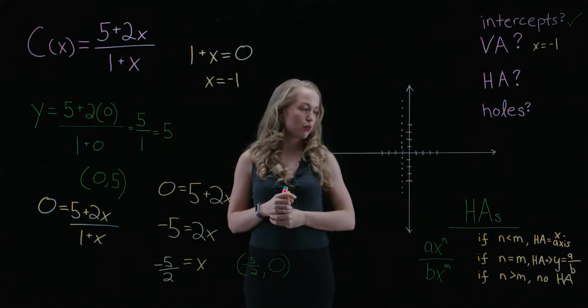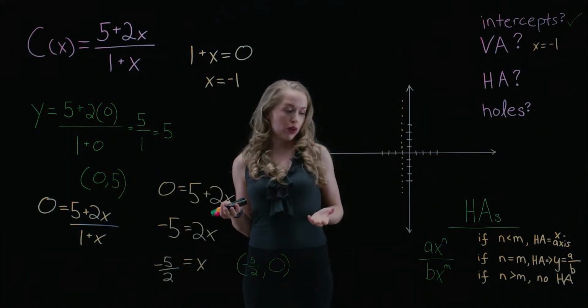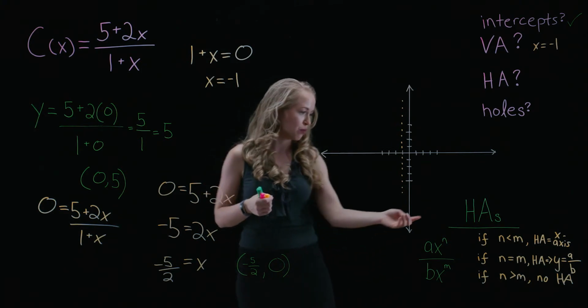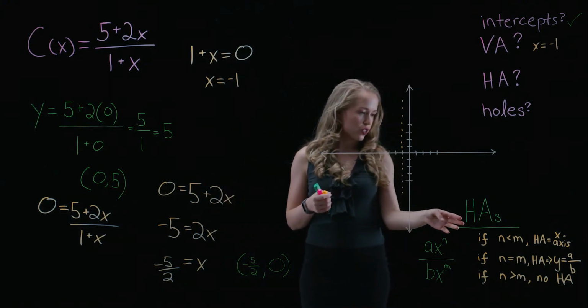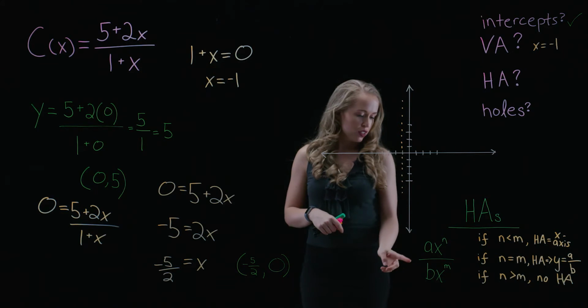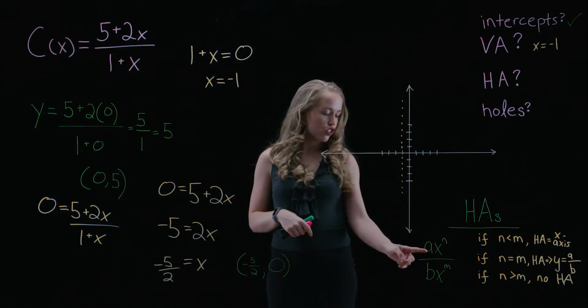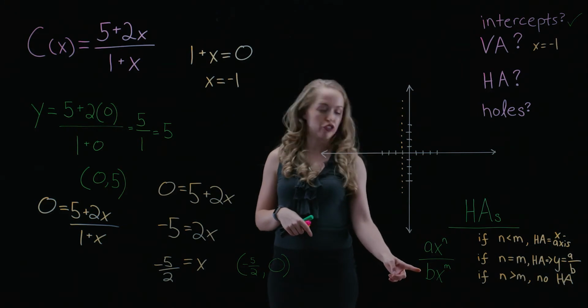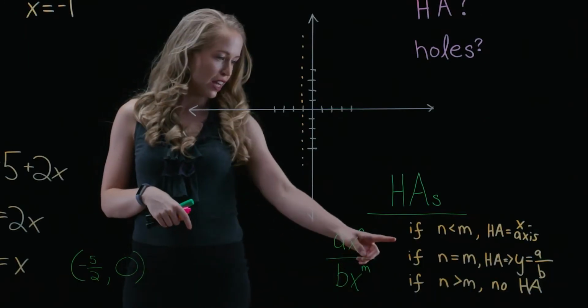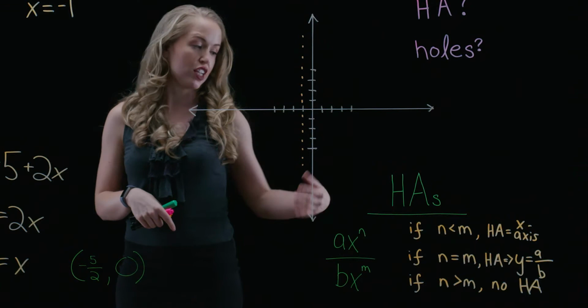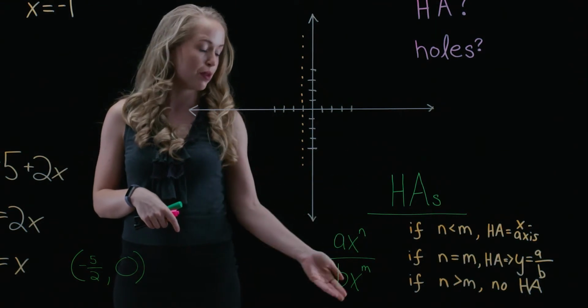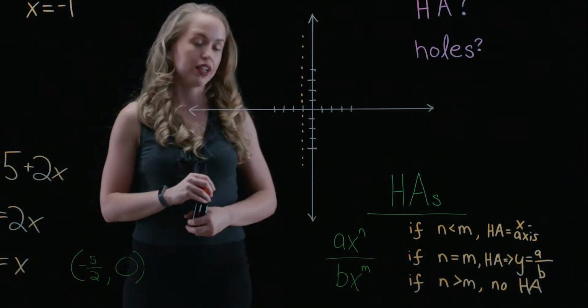Now for horizontal asymptotes, I suggest memorizing a couple basic rules, which I have put down here in the corner. What I'm doing is comparing the exponents in the numerator and denominator of my original function. I suggest pausing the video and maybe copying those notes down because you will want to memorize them.